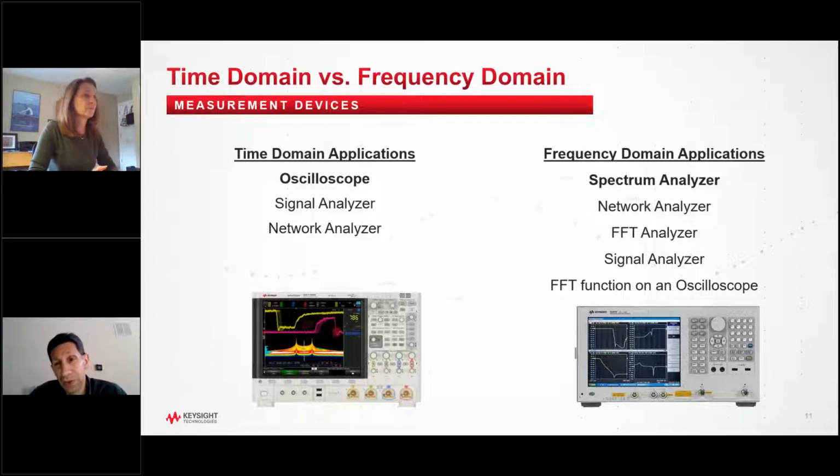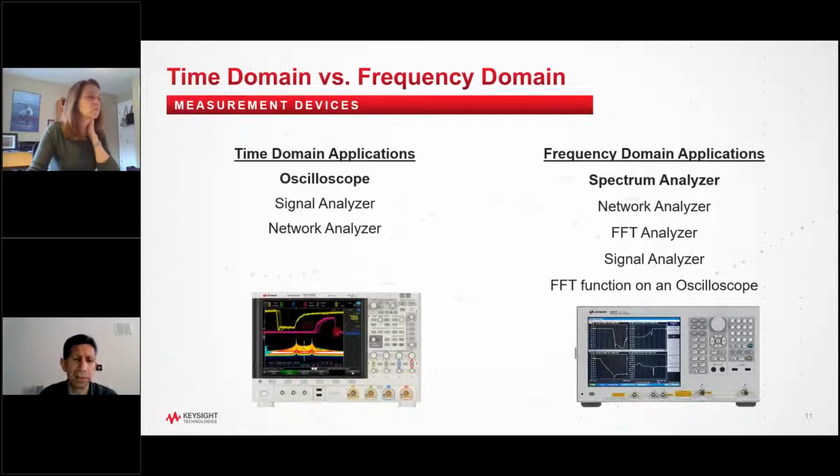We're now also calling them signal analyzers. A signal analyzer essentially is a spectrum analyzer with some additional software measurement enhancements. But pretty much every oscilloscope being made today has the function right above the instrument on the right, FFTs. And they are getting better and better on an oscilloscope.